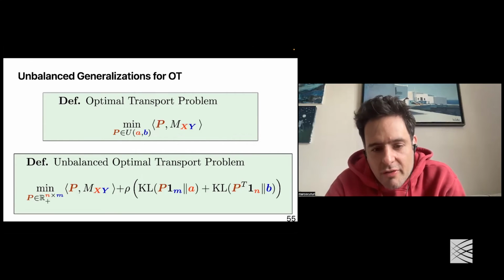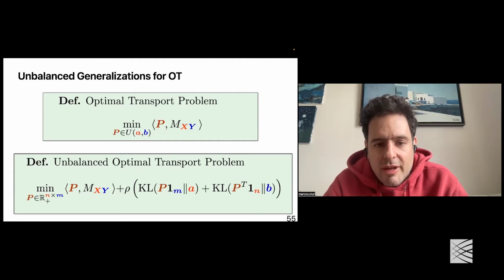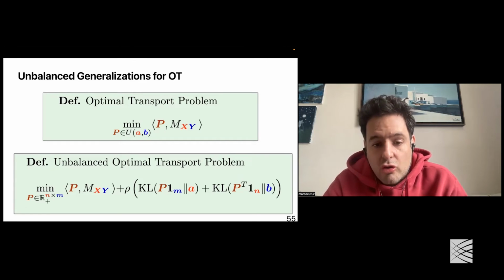People discovered this approach and called it the unbalanced optimal transport problem. Essentially, they consider matrices of size n by m, non-negative, but instead of having a hard constraint that they have row sum a and column sum b, I am going to penalize with a row term, the Kullback-Leibler divergence.